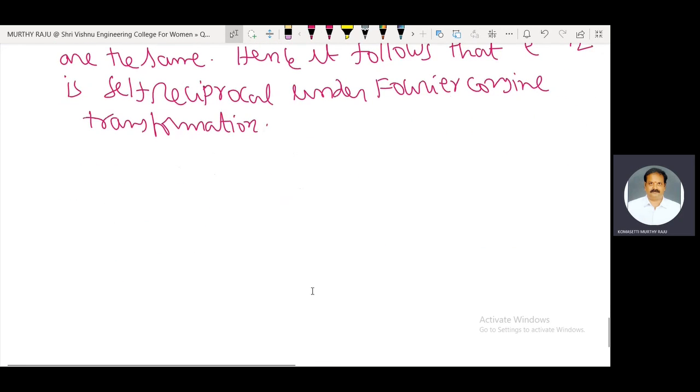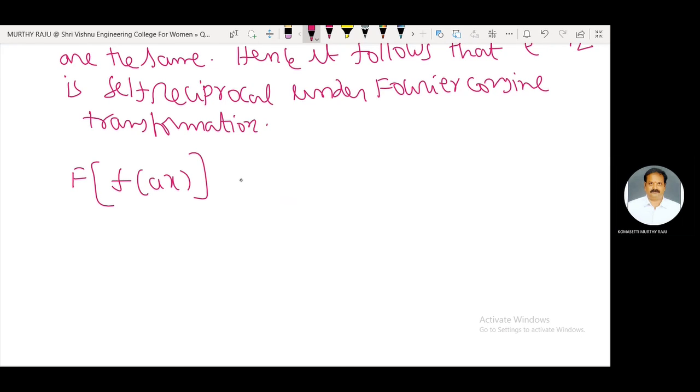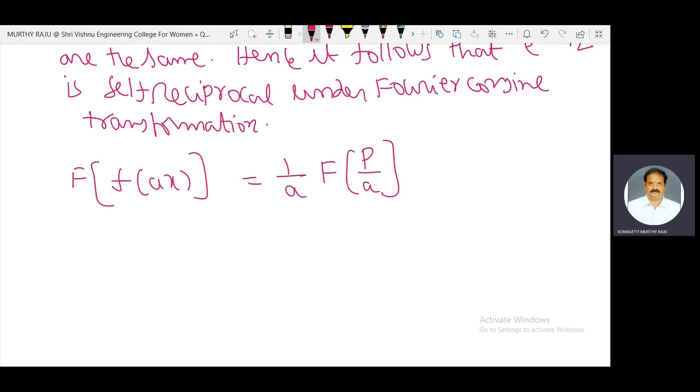Here, the important point is the scaling property. Scaling property is Fourier transform of f of ax is equal to 1 by a f of p by a.